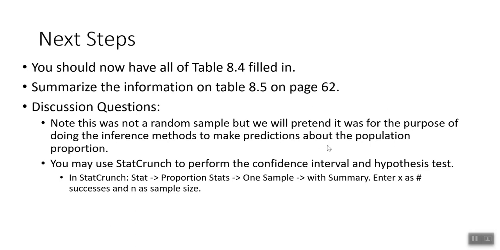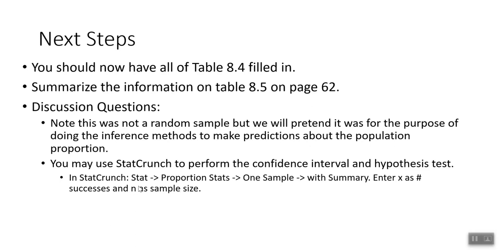So in order to use inference, you do need a random sample, all right? We don't actually have a random sample, but we're still going to do the methods for the confidence interval and the hypothesis test. You can use StatCrunch to perform the confidence interval and the hypothesis test if you want to. Now, you should be able to do it by hand if you choose, but if you would prefer to do it in StatCrunch, that's fine.